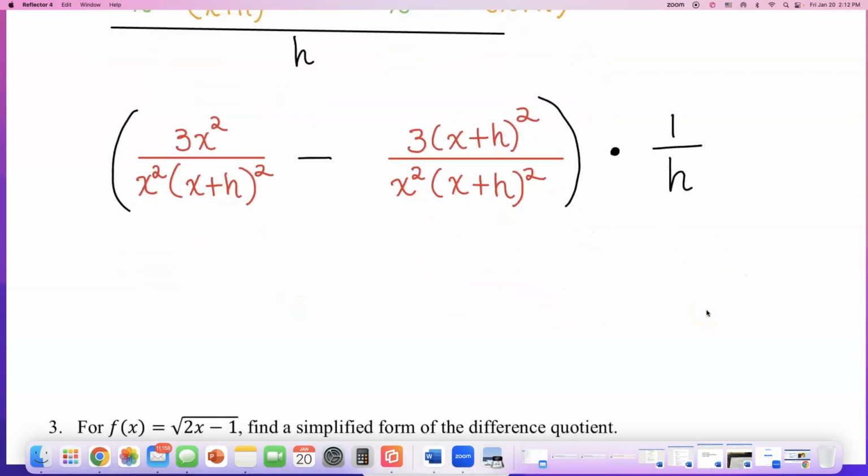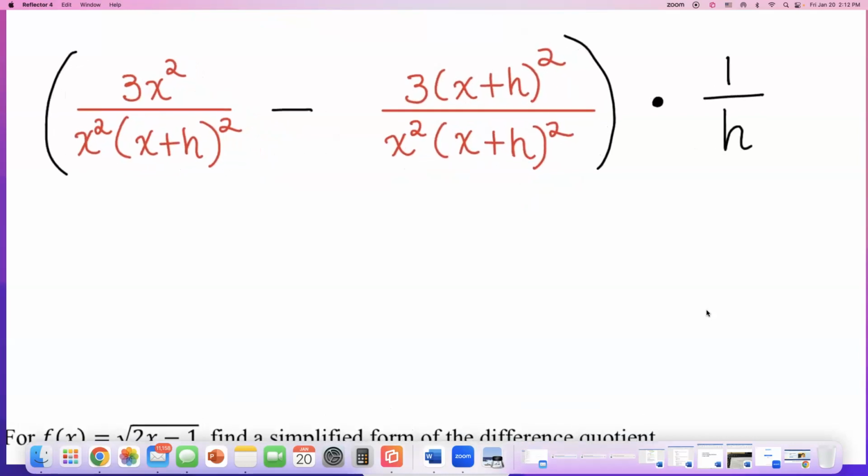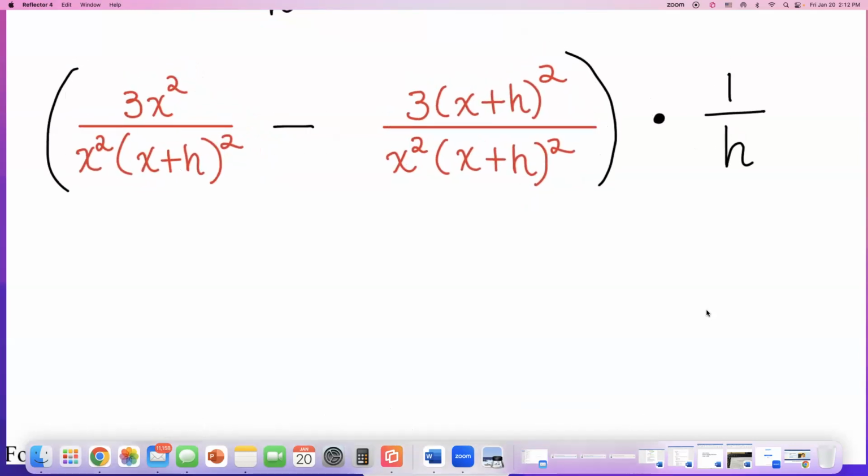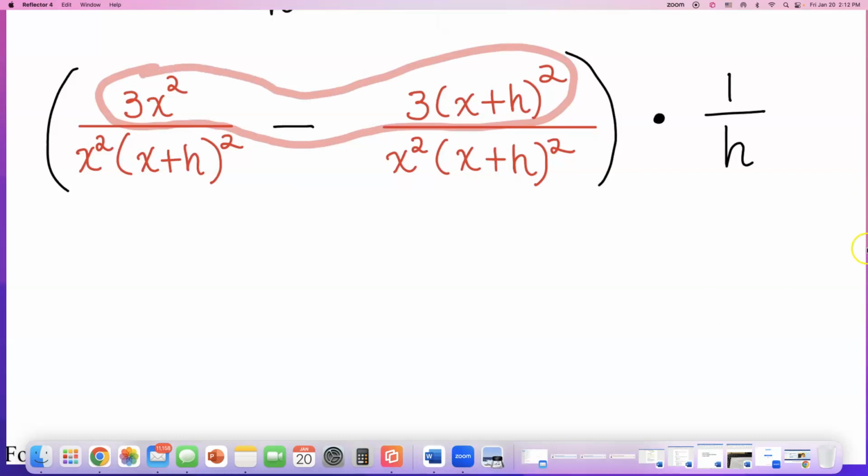So let me focus on this now. I'm going to subtract these two red fractions. Now that the denominators are matching, I can simply subtract the numerators. I was going to just subtract 3x squared minus this expression, but I can tell we will need to FOIL this out and distribute the 3.